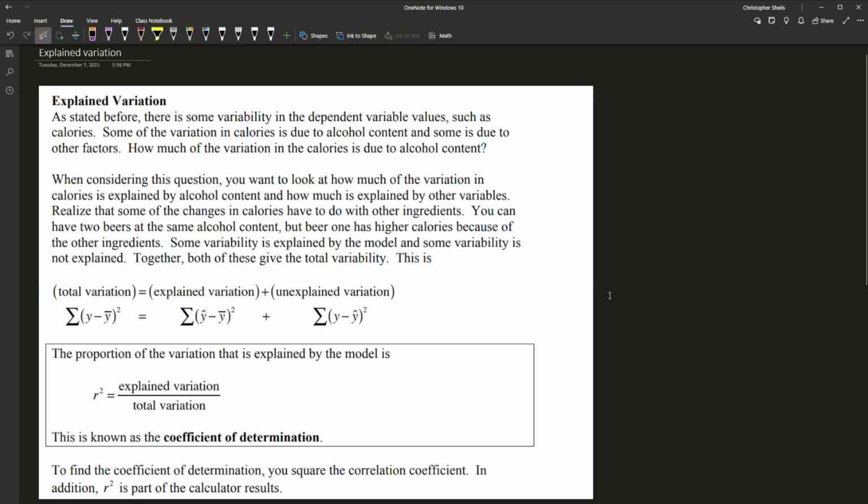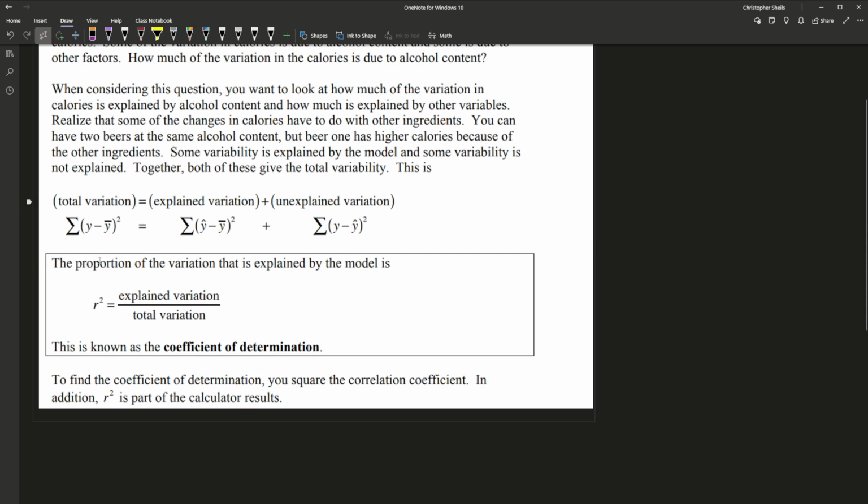So total variation is explained variation plus unexplained variation, or the sum of (y minus y bar) squared is equal to the sum of (y hat minus y bar) squared plus the sum of (y minus y hat) squared.